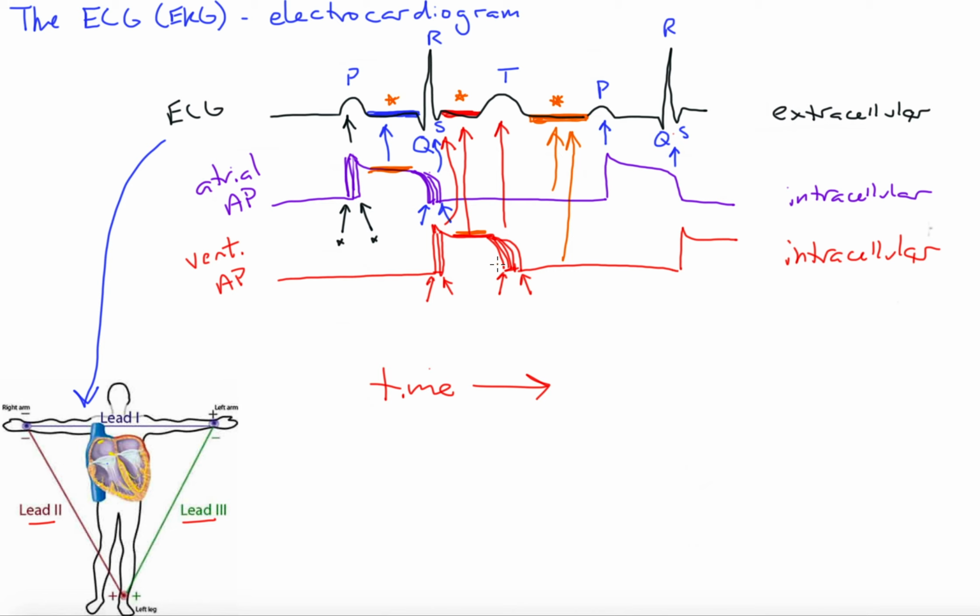Identifying just an electrical event and not knowing how it correlates to the mechanical event is essentially useless. The mechanical events are the key. That's what moves blood. Measuring the ECG is important because it is the measurement of the electrical events, but it tells us about the mechanical ones.